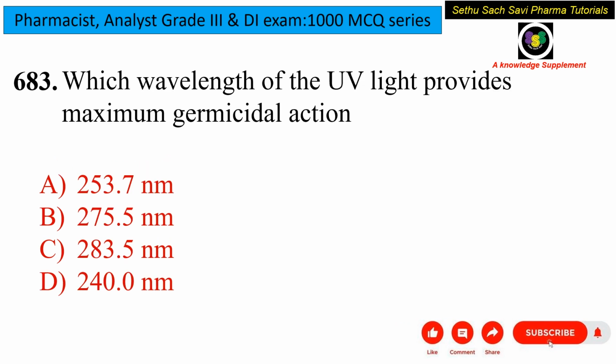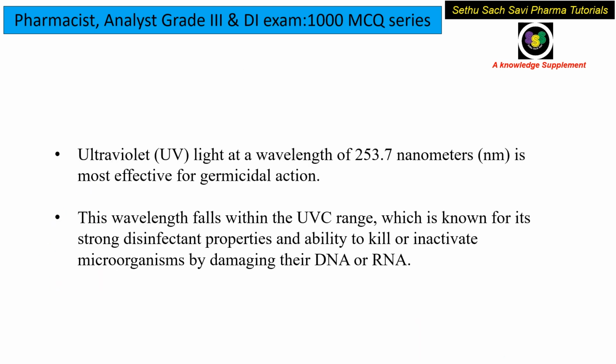Coming to the next question. Which wavelength of the UV light provides maximum germicidal action? Is it 253.7 nanometer, 275.5 nanometer, 283.5 nanometer or 240 nanometers? The UV light with maximum germicidal effect is 253.7 nanometers.